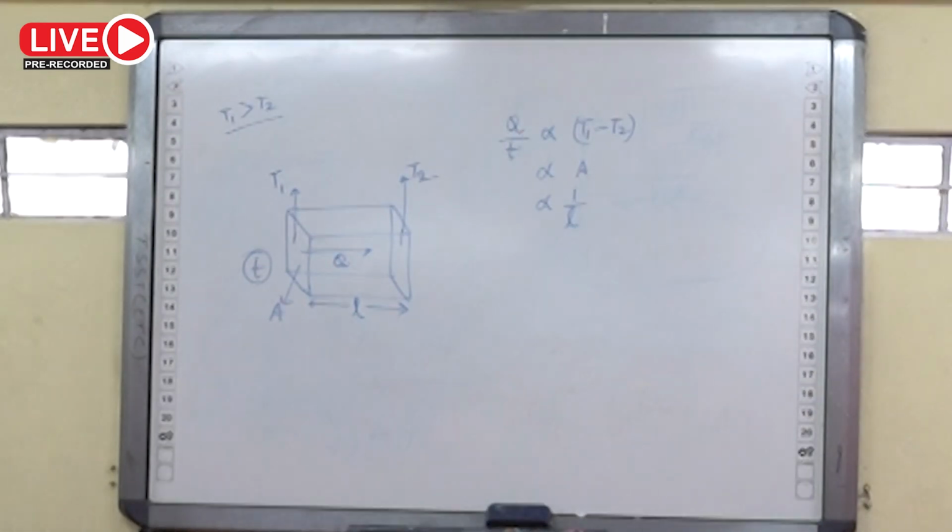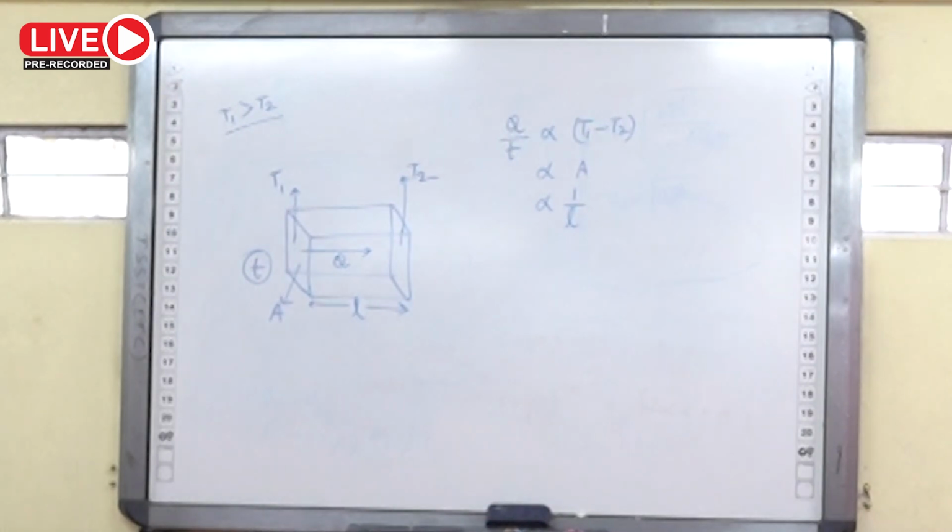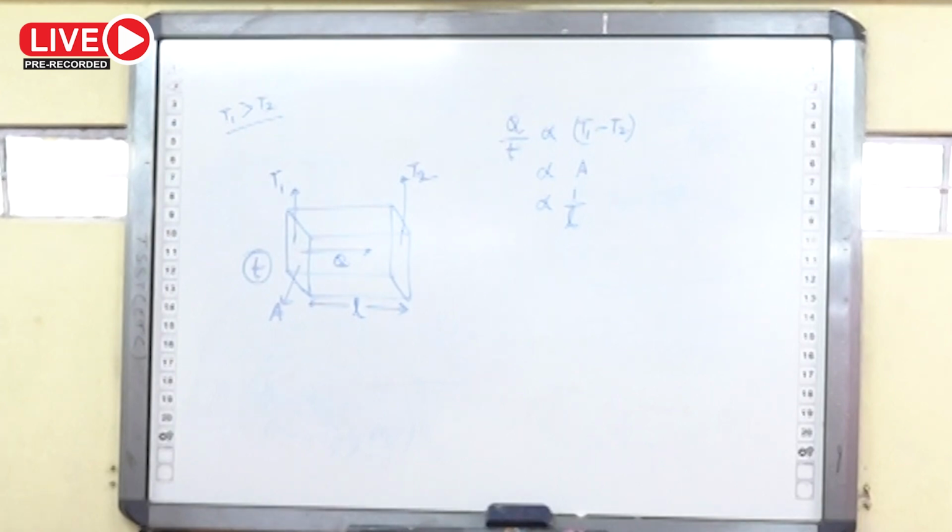The rate of heat flow is directly proportional to the temperature difference, directly proportional to the area of cross section of these two perpendicular surfaces, and inversely proportional to the length between these perpendicular surfaces.